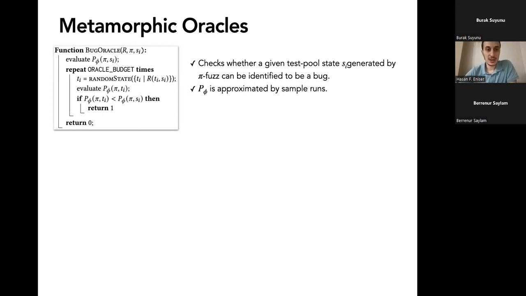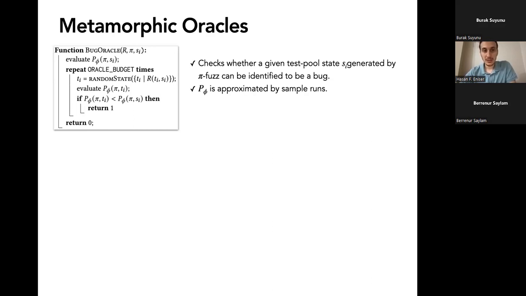The oracle takes the relaxation function, the policy, and the state as input. We evaluate the policy pi's probability of failure on state S. How do we evaluate it? We make multiple runs over the state with different random seeds in the environment, then check in how many of those runs we encounter a failure.